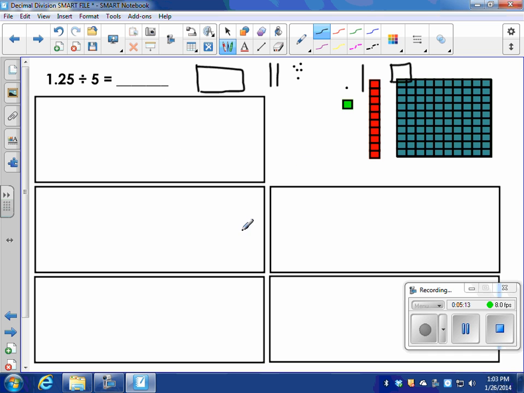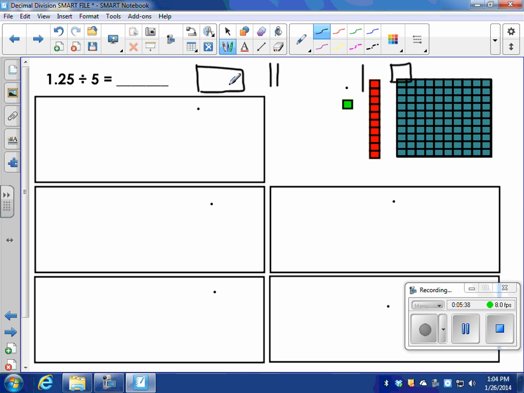Now as I get started here, the only thing I can really deal with right now are my hundredths. I have 5 hundredths, so I can put 1 hundredth in each box. And now I can get rid of those. I can't do anything with this whole yet, though, because I only have one of them.